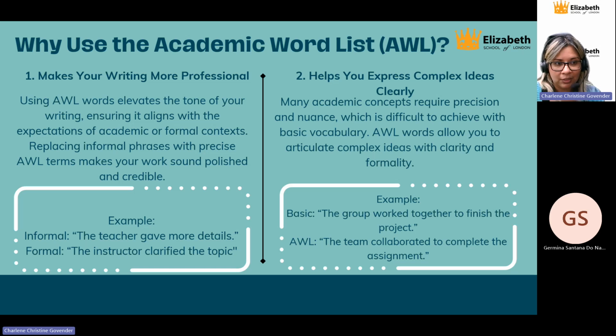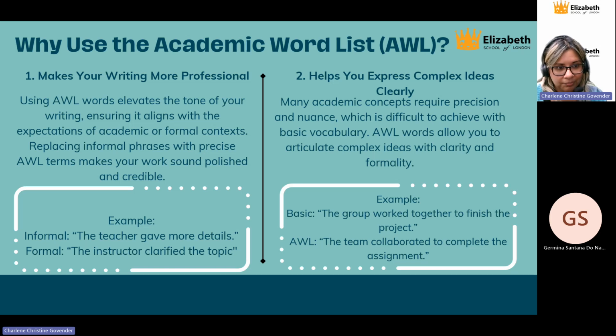So using those sublists will put you on par with any academic writer. And of course, if you have any informal phrases that you'd like to improve, if you swap them around with the precise AWL terms, it's going to make your work sound polished and credible.